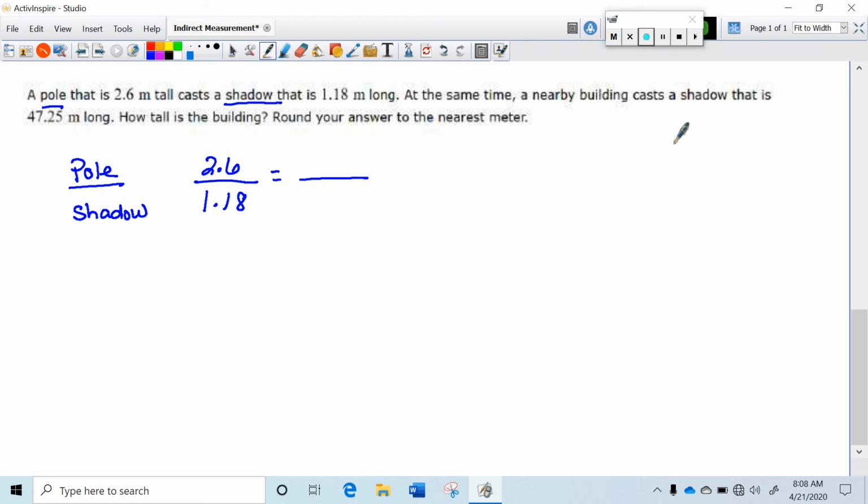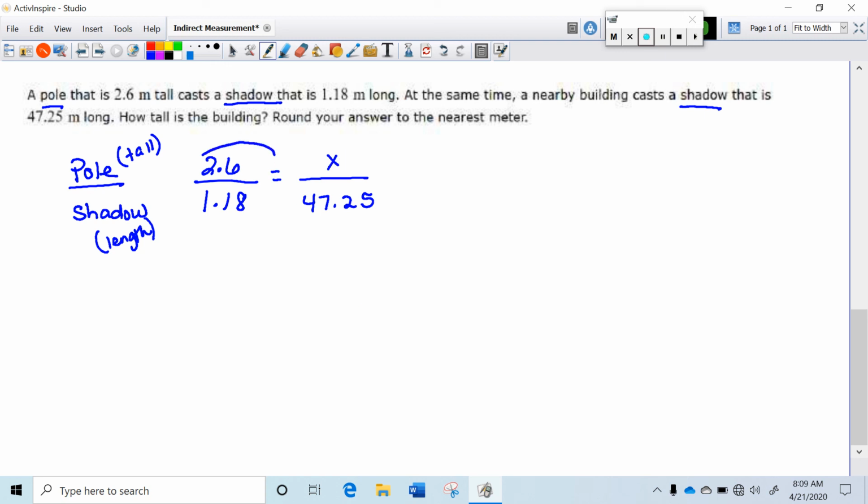And then the next sentence says, at the same time the nearby building casts a shadow that is, so they're giving you the shadow, which is on the bottom of our fraction, 47.25 meters long. How tall is the building? The pole is actually the tallness, and the shadow is the length. Okay, so how tall is the building? So that's the height they're asking for.